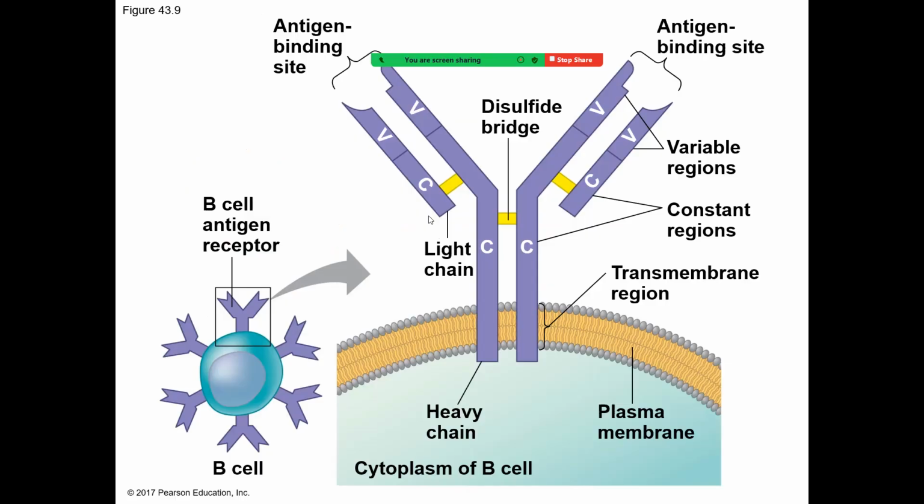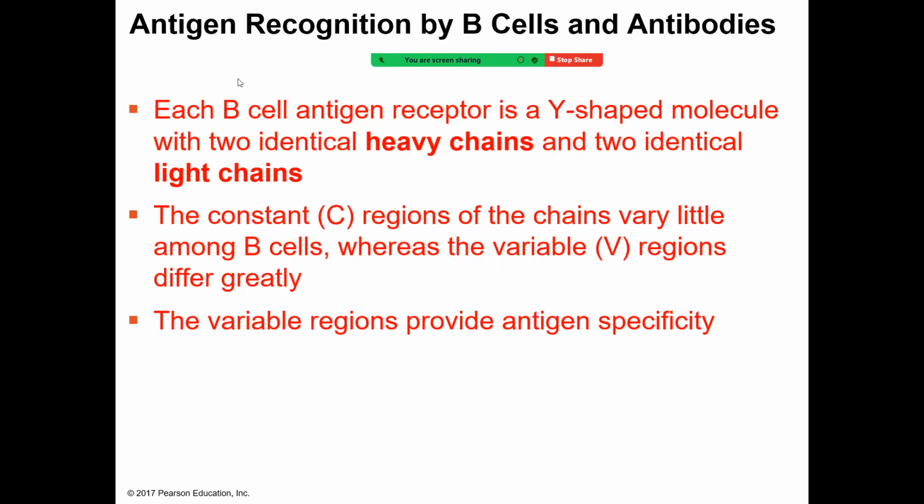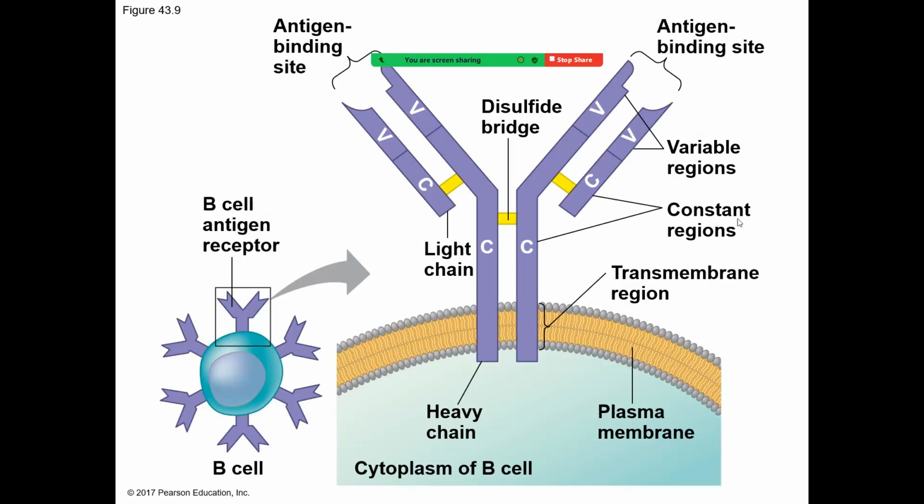So when we look at our B cell antigen receptors, remember that it's a Y-shaped molecule. It has two heavy chains. So you can see the heavy chains in the middle here, and two light chains. They're called light chains because they are smaller. They are going to run faster on a gel, a protein gel that we would look at.